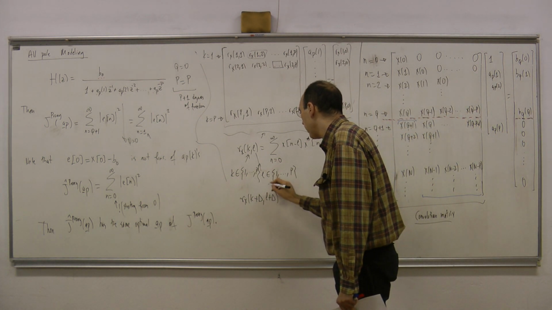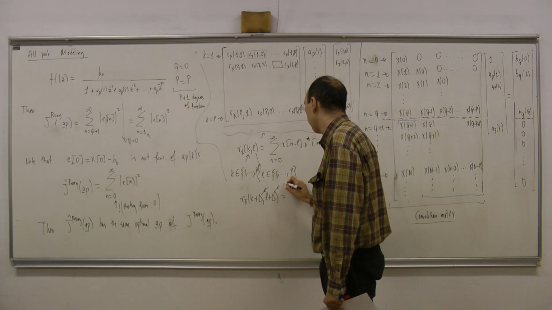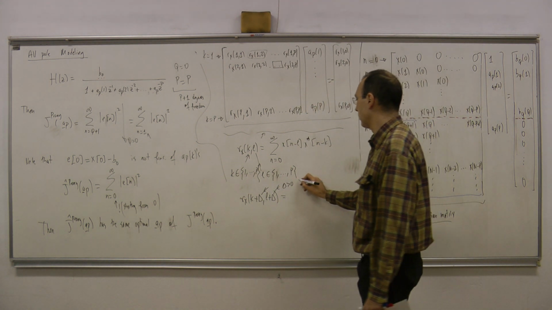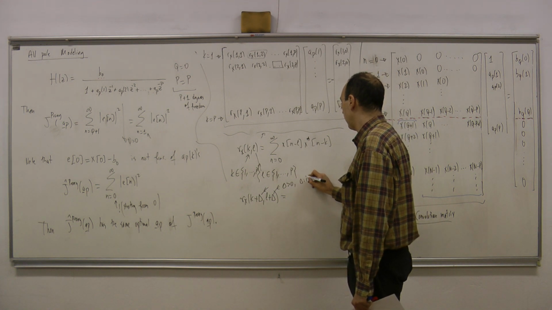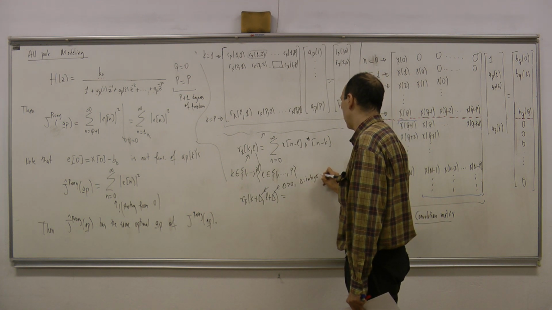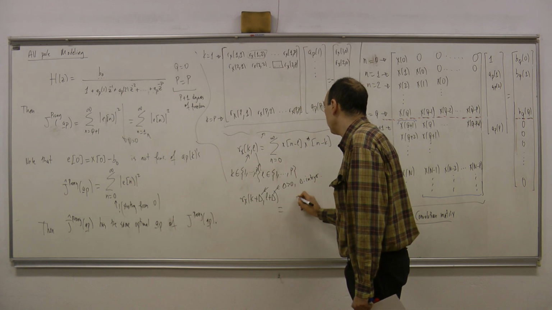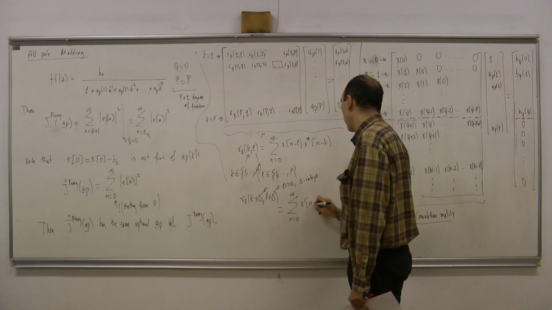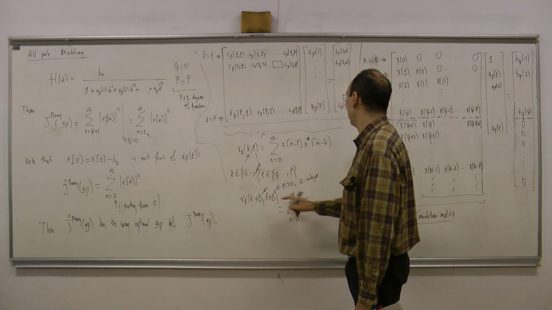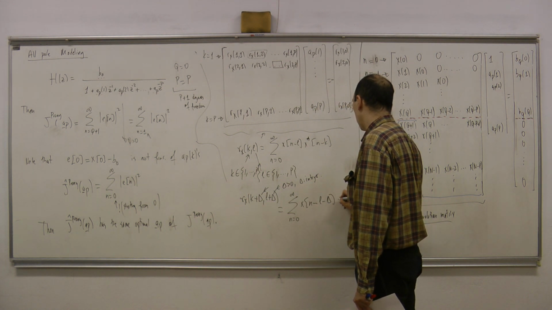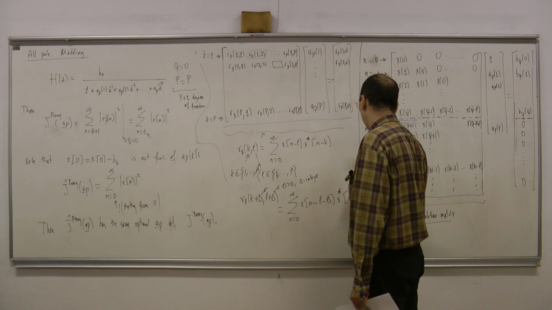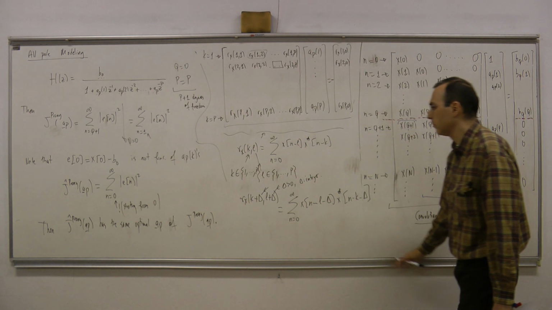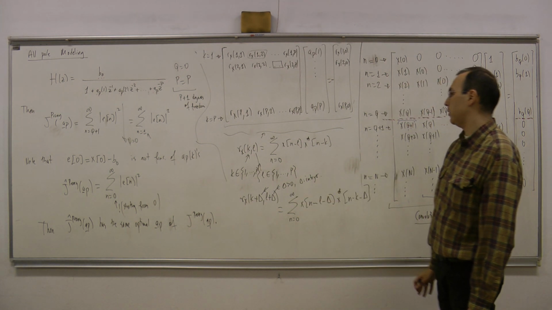About this one, again, delta is an integer, obviously a positive integer. Then this becomes the sum over n equals 0 to infinity of x n minus L minus delta, x n minus k minus delta. Am I right? Because that is the way it is.